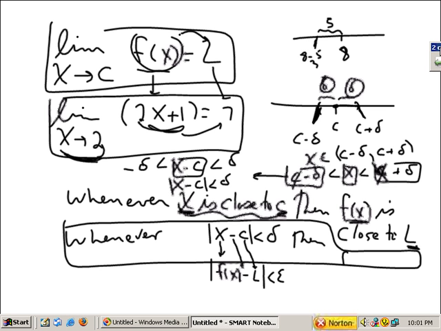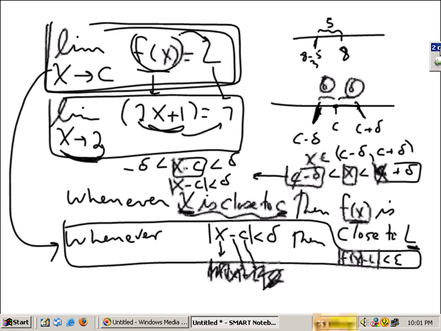So let me write this down here. Whenever the absolute value of x minus c is smaller than delta, then the absolute value of f of x minus L is smaller than epsilon.